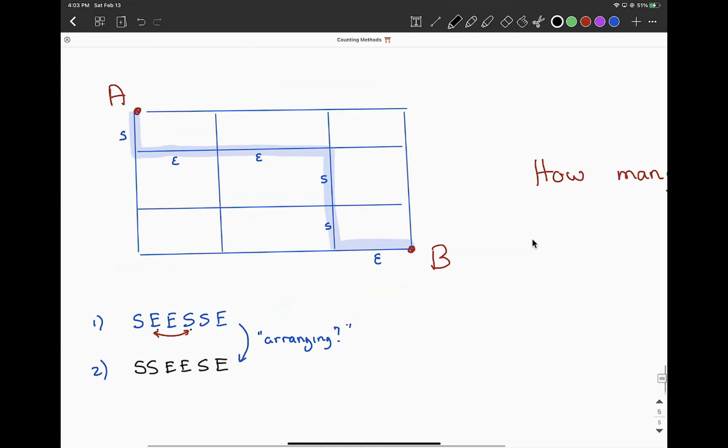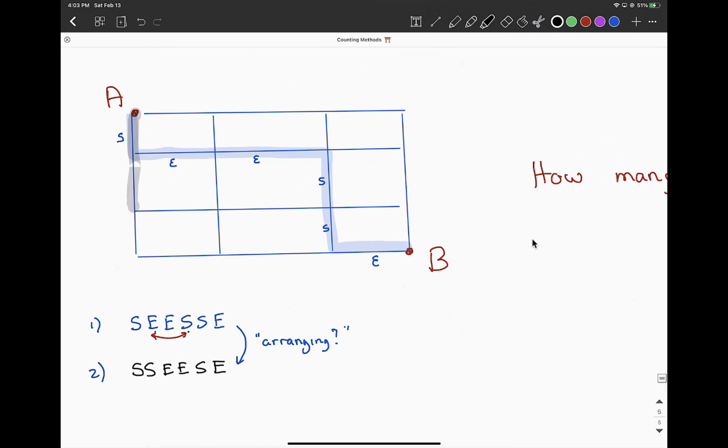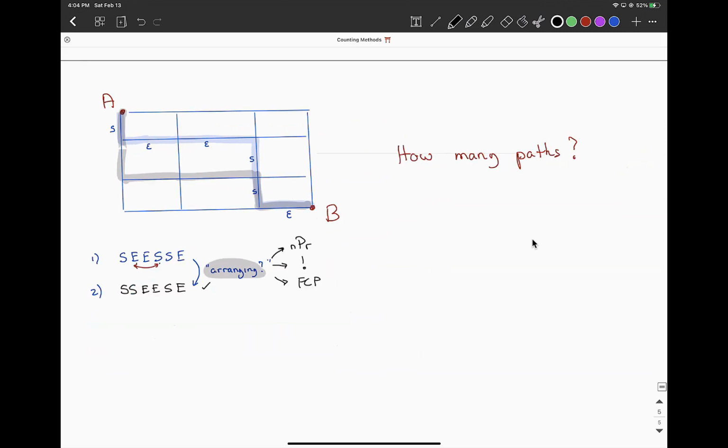Will that get us there? Let's see. South-south, east-east, southeast. Beautiful. It works. It's another path, which means if arranging is doing stuff and is correct, then we're in business. Permutation, factorial, fundamental counting principle. We can use those strategies to do this.